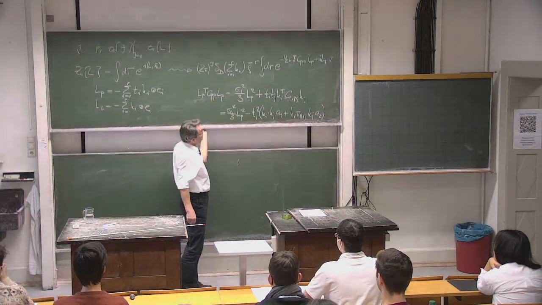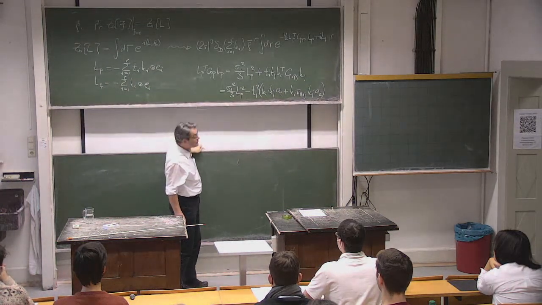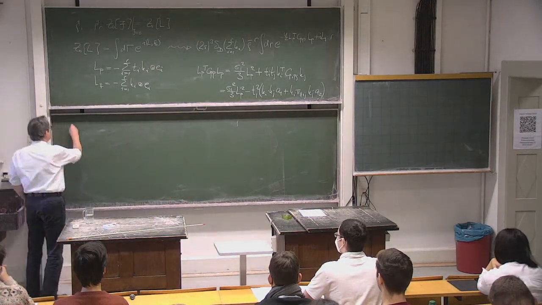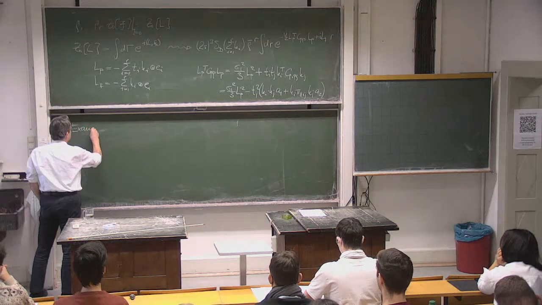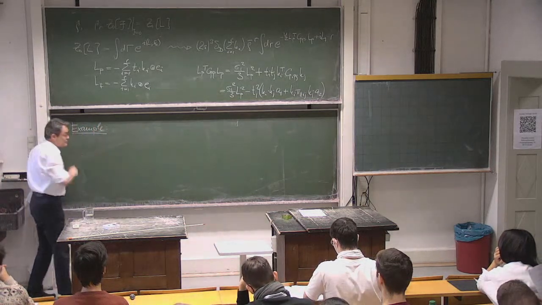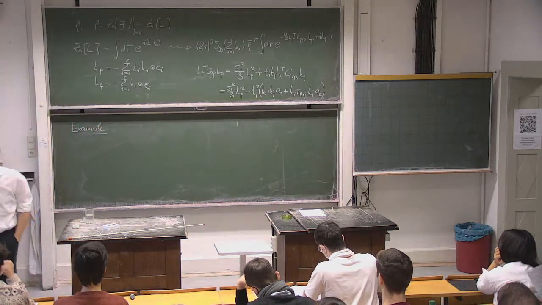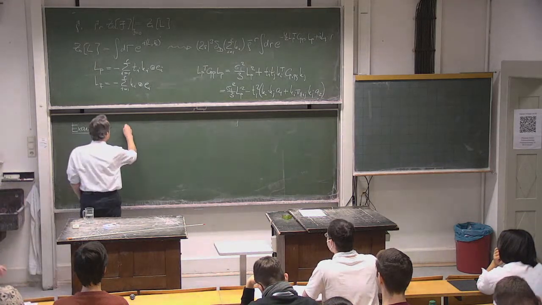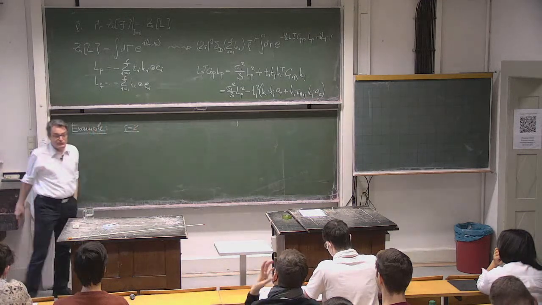All right. So let's have a look at an example now. And the example is going to be simple, because of course I want to save the difficult examples for you to do in the problem sheet. So let's assume R equals 2.